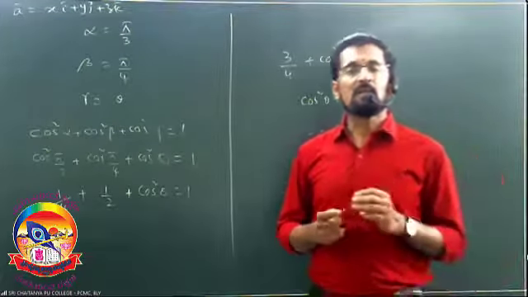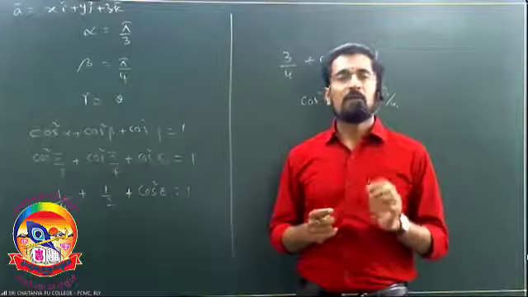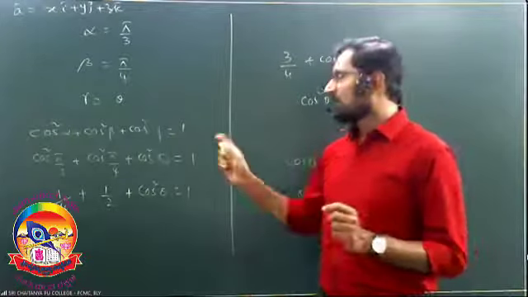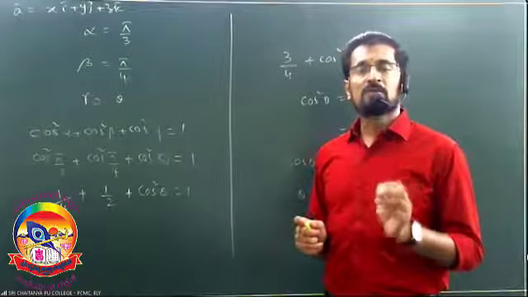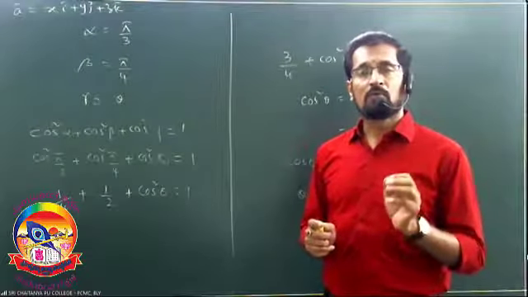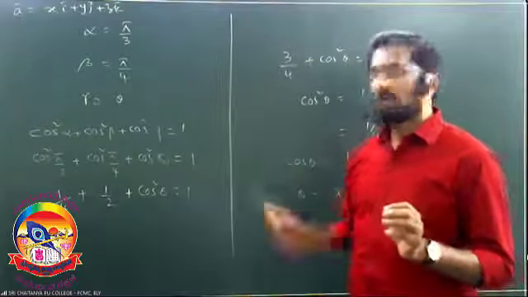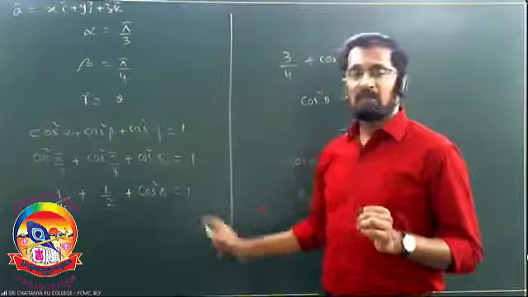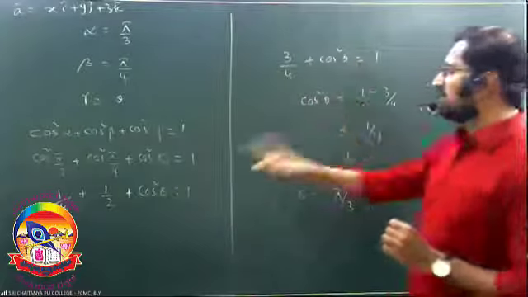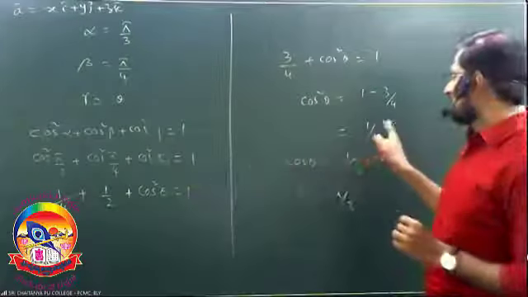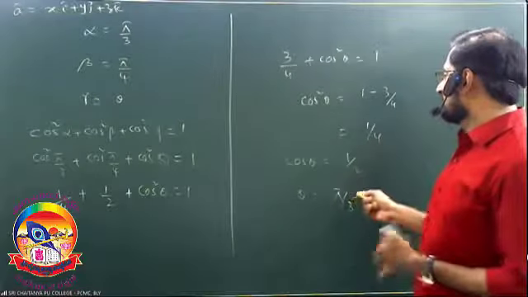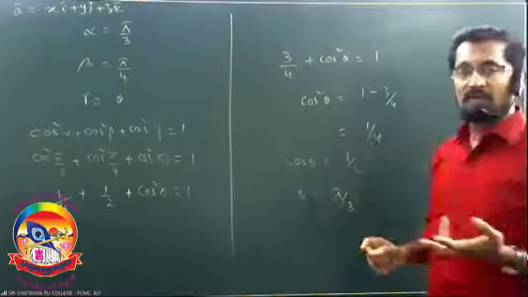Cos 60 degrees is equal to 1 by 2. 1 by 2 whole square is equal to 1 by 4, plus cos square pi by 4 means 1 by root 2 whole square, which is equal to 1 by 2, plus cos square theta is equal to 1. Cos square theta is equal to 1 minus 3 by 4, which is 1 by 4 again. Cos theta is equal to 1 by root 4, which is 1 by 2.